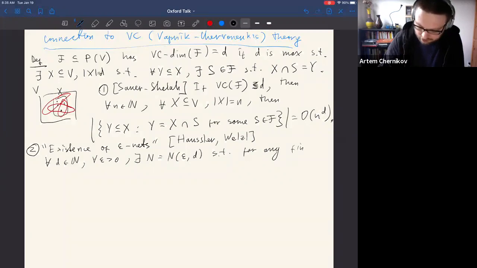so for any finite probability space, to avoid the discussion of measurability. The result is more general, but there are some measurability assumptions needed in general.